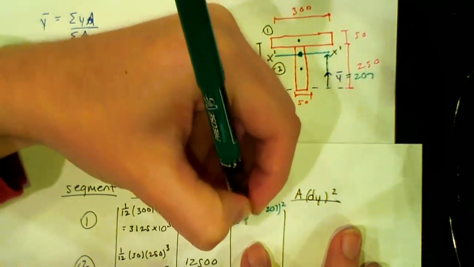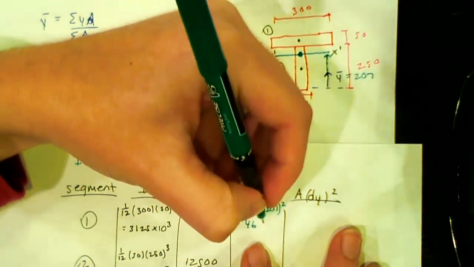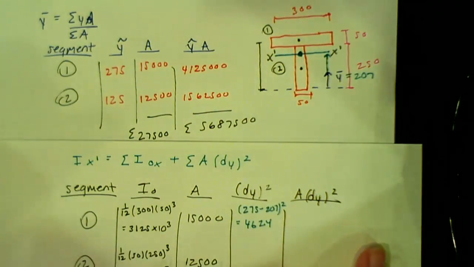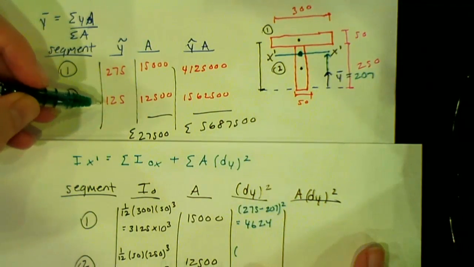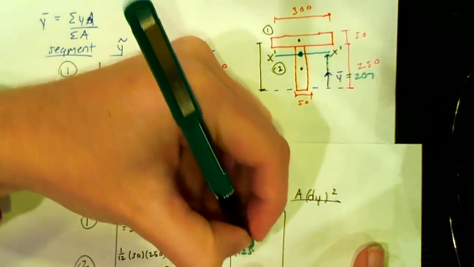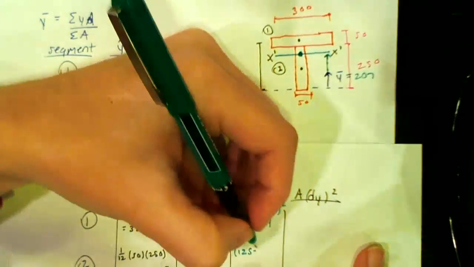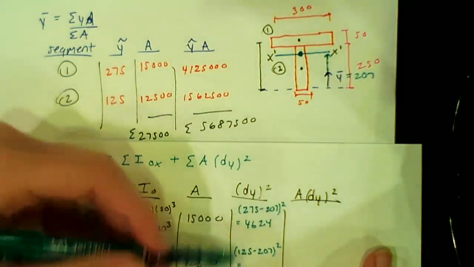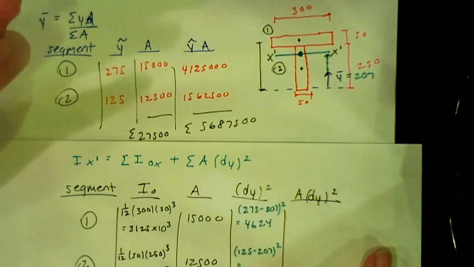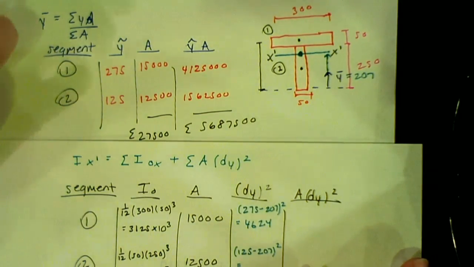That gives me 4624. Then for figure 2, my centroid for that one is 125 minus my y bar for the figure, which is 207, squared. Notice that it doesn't matter which order you put them in, whether or not you get a negative value, because it's squared.